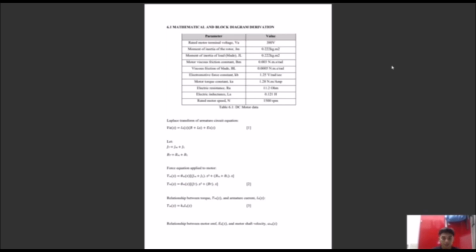After that, we get the relationship between the torque, Tm(s), and the armature current Ia(s): Tm(s) equals Ka multiplied by Ia(s). The relationship between the motor EMF, Eb(s), and the motor shaft velocity, omega m(s), is Eb(s) equals Kb s theta m(s).